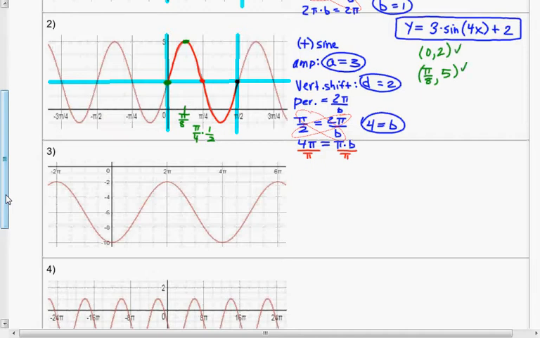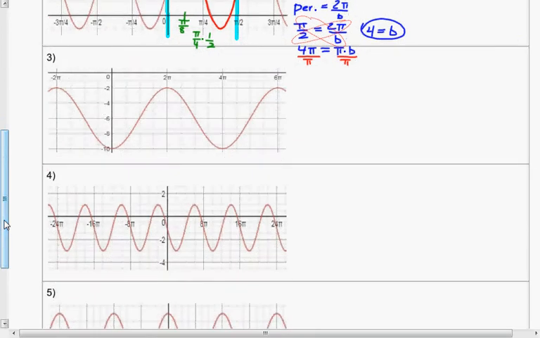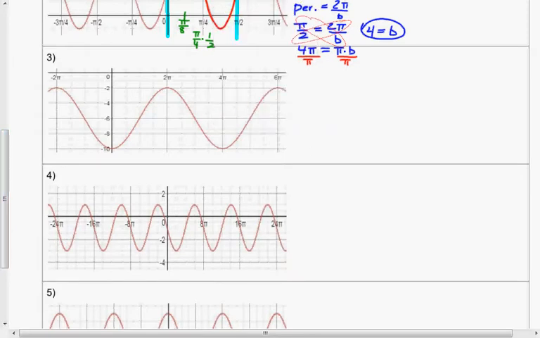But I am going to do the initial analysis of the curve for number 3 and number 4. So let's go through just with a highlighter if you've got one, or a pen. Let's divide this up. I would start by recognizing you want to begin with the y-axis and assume that this is a curve that has not been slid left or right. So begin analyzing at the y-axis.